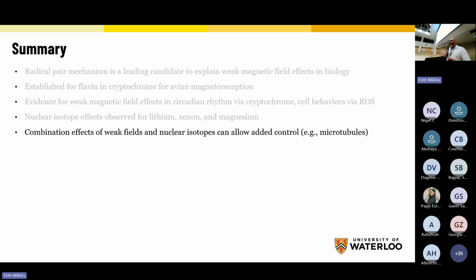From a treatment standpoint, it might be advantageous in that you could take a supplement of a nuclear isotope that is enriched with nuclear spin and then apply a magnetic field to a certain location to allow for both an enhanced effect as well as a more localized effect.